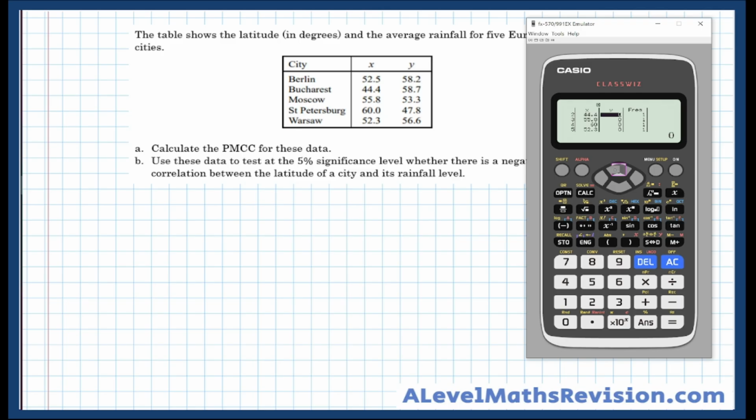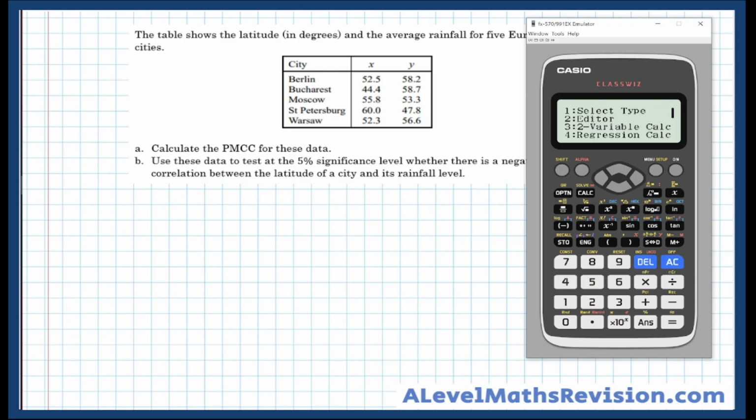And go back up to the top, making sure you are at the top. So we've got 58.2 there, 58.7, 53.3, 47.8 and 56.6.